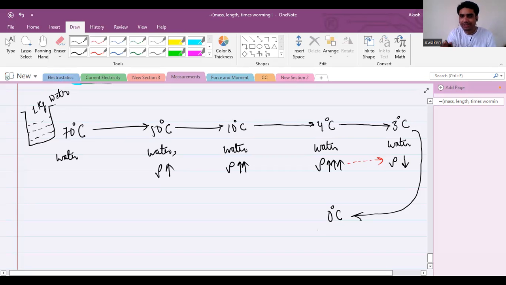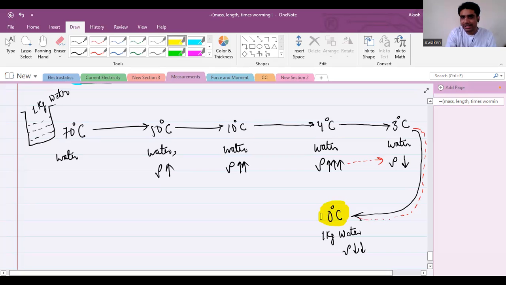When it just reaches 0 degree centigrade, it will still be 1 kg water. Just it has reached there. And the density is still decreasing, decreased from 3 degree centigrade to whatever it was, it has now further decreased at 0 degree. Now first understand, then copy.